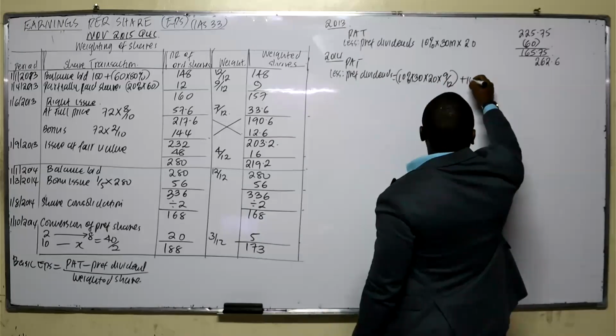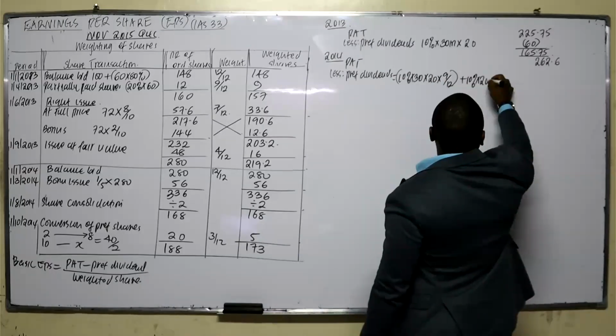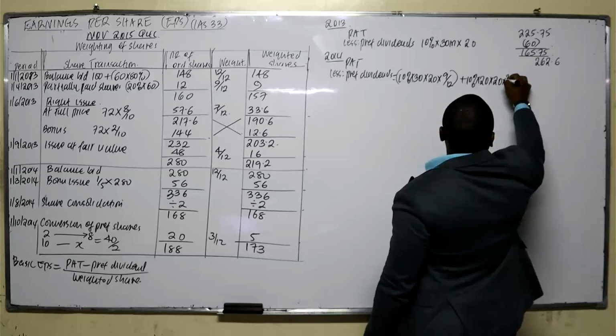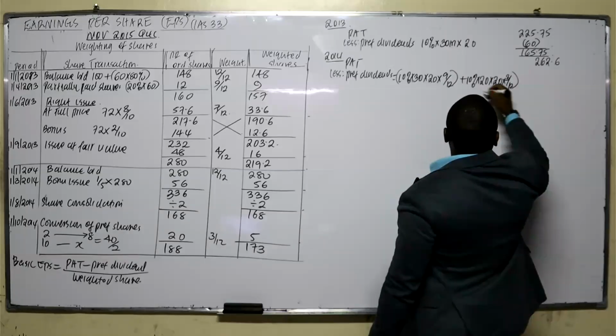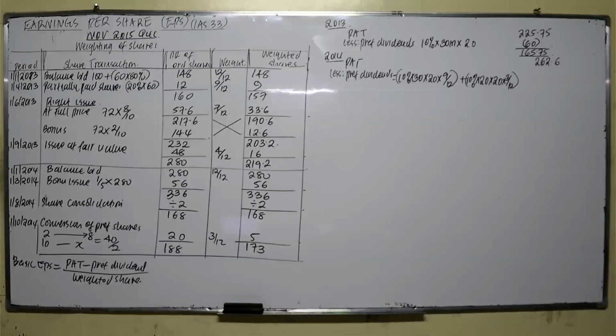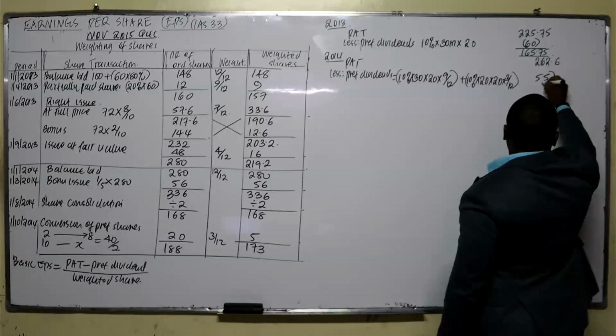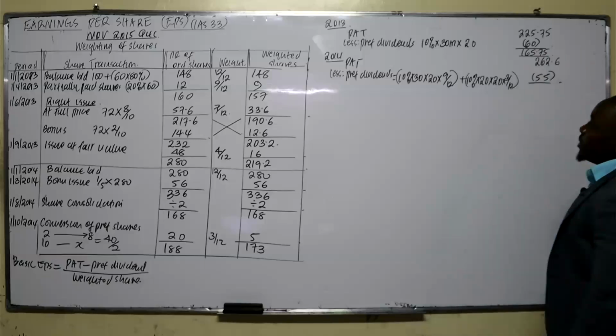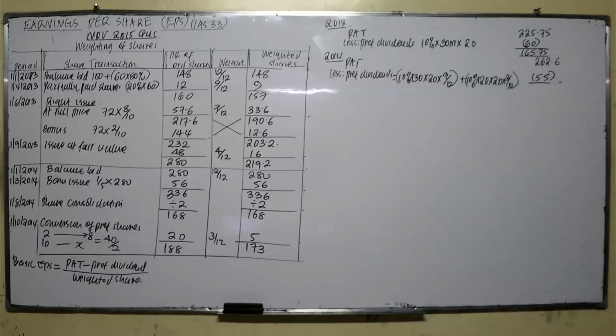Then you add 10% of 20 million at 20 times 3/12. Give me that. 30 plus 25, you get 55. Give me the earnings attributable to ordinary shareholders. You get?